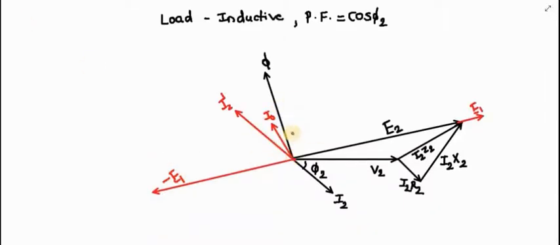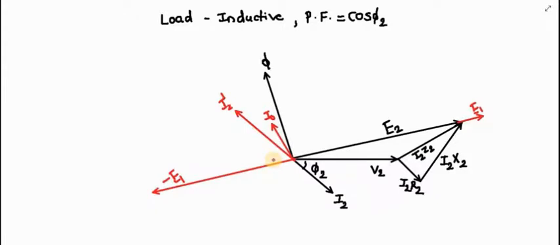Again I will repeat all the steps. So the I0 is drawn here such that the magnitude is equal to the current taken by the primary when the transformer is on no load, and the angle of lag of I0 behind minus E1 is assumed to be equal to the angle between the primary impressed voltage V1 and the no load primary current.